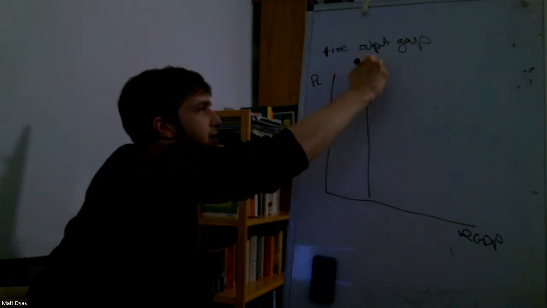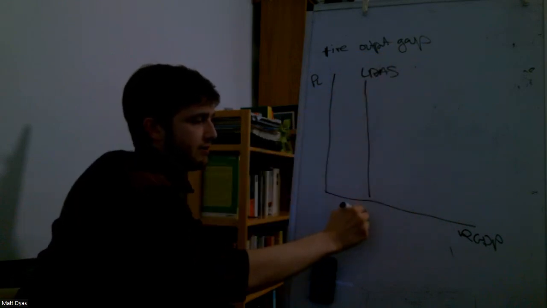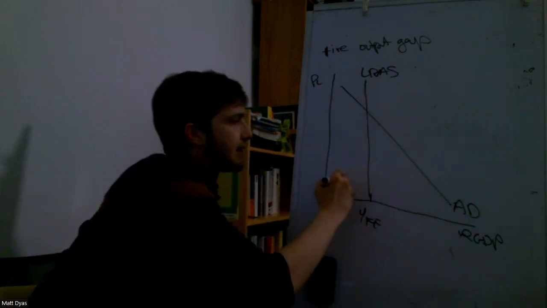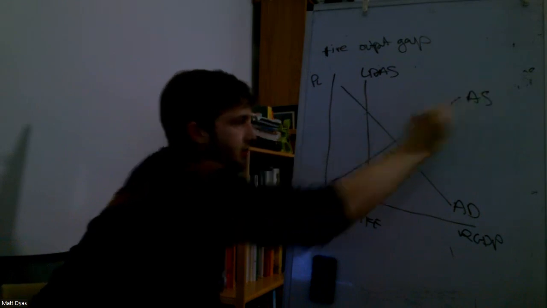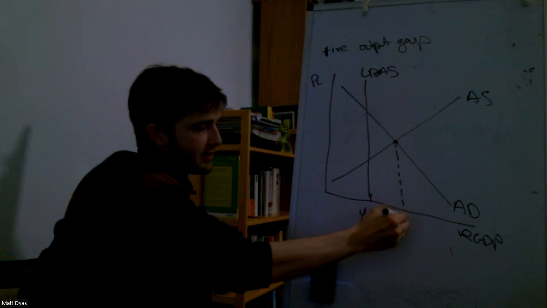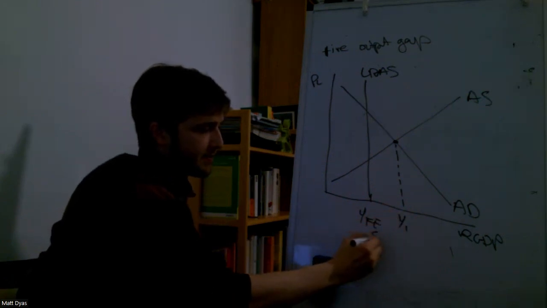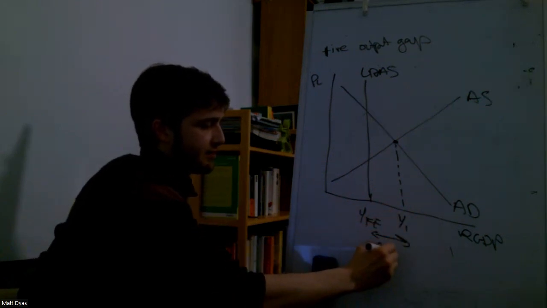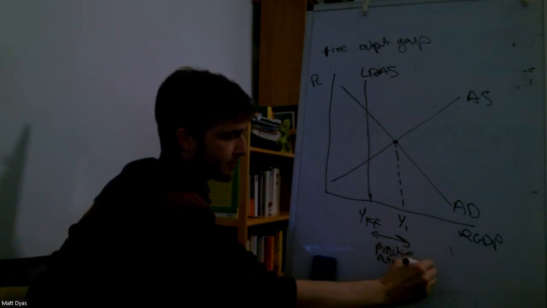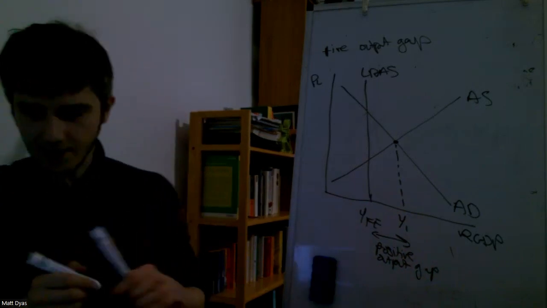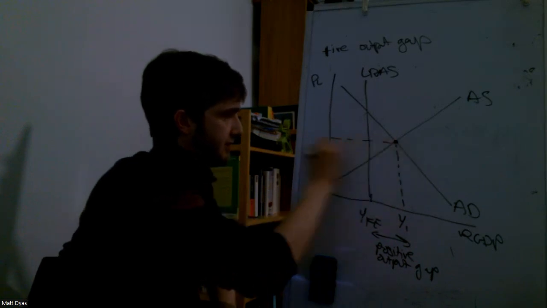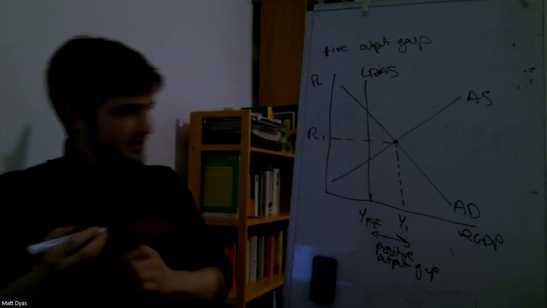I'm going to draw LRAS far to the left, YFE, and then draw my AD and short run AS curves further outward to create this macroeconomic equilibrium of Y1. And again, then we have a positive output gap. Okay, and that's it. Label that PR1. And that's your positive output gap.